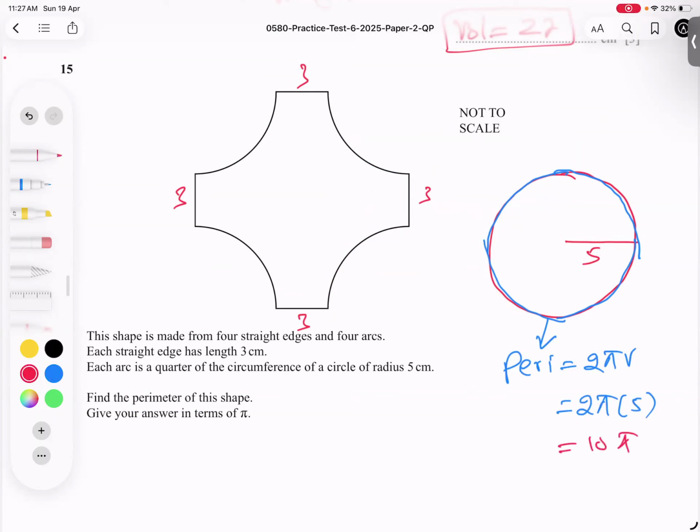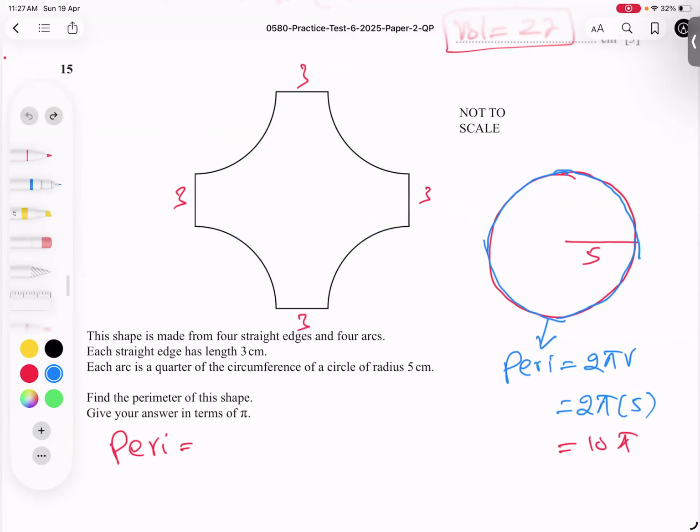So what is the perimeter of the whole shape? Let me show you the perimeter definition. Perimeter means this plus this plus this. So basically, if we check carefully, these 4 arcs will make a complete circle, so this is not a problem. Then 3, we have 4 times.